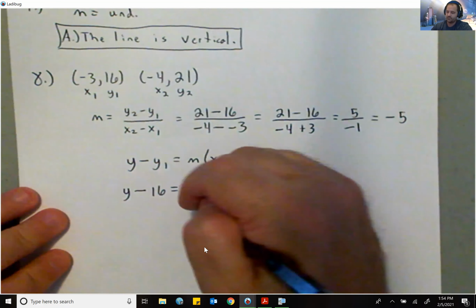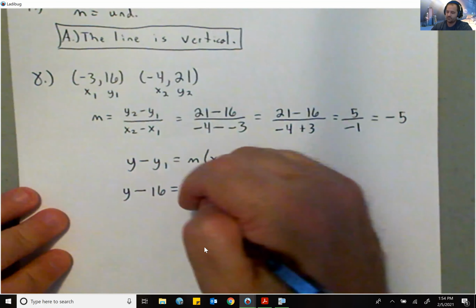But they're not. This one is because of the formula, and this one is because of the number. You need both of those. So yes, Nick, you are correct. We get y minus 16 equals -5 parenthesis x plus 3.